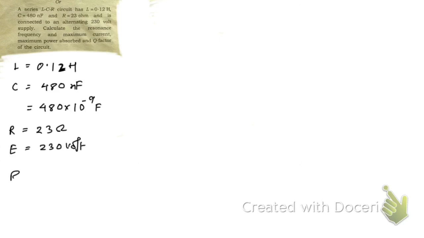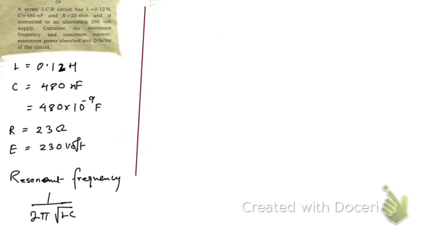Resonant frequency is given by this formula, 1 by 2 pi root over L into C. Now let me calculate this.